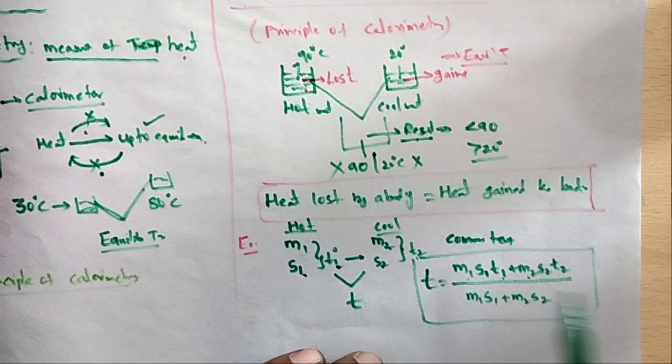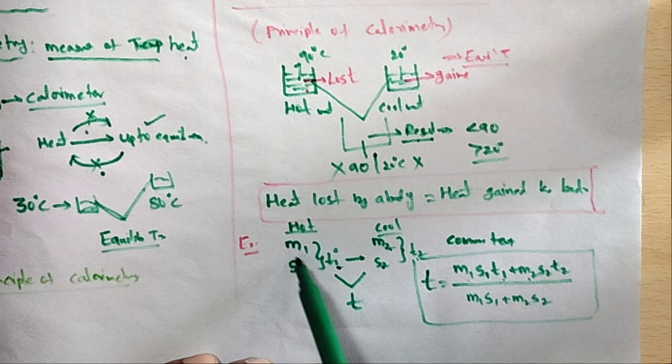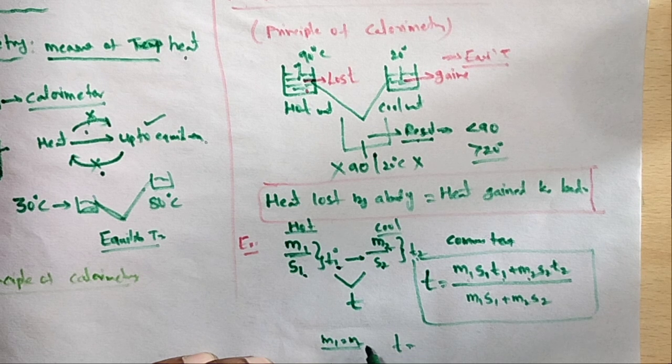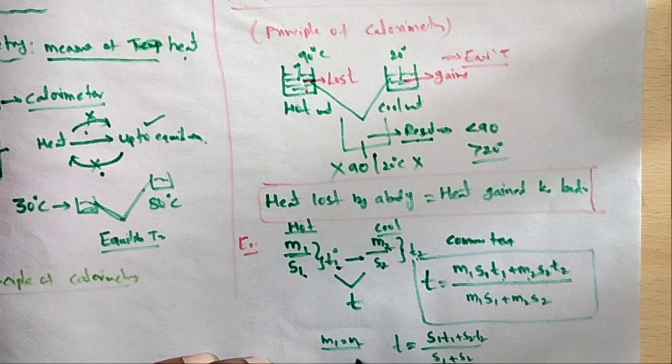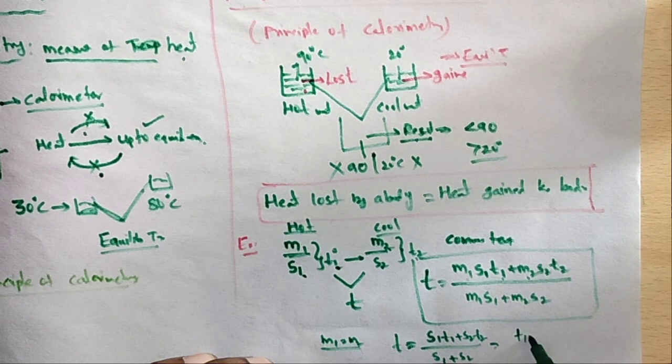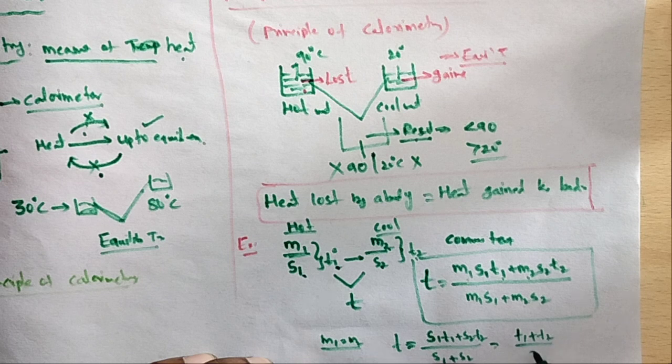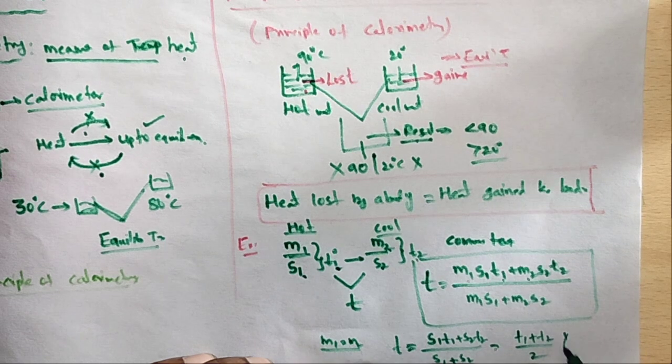If both masses are the same, M1 is equal to M2, for example 2 kgs, 2 kgs, or 2 liters, 2 liters, then T is equal to S1 T1 plus S2 T2 by S1 plus S2. Suppose I am taking water, S1 is equal to S2, so T is T1 plus T2 by 2, especially in water.